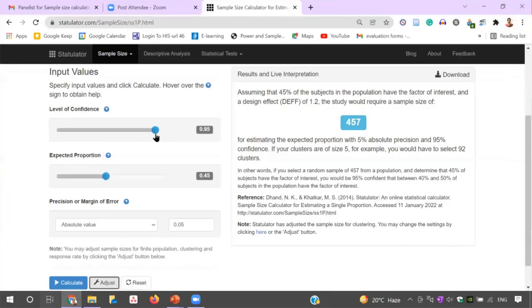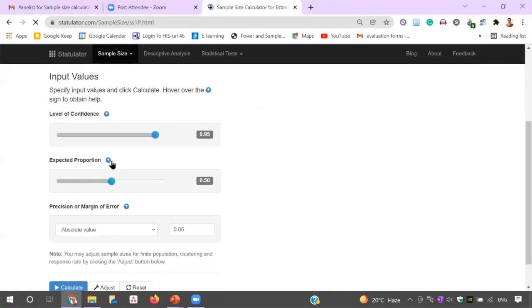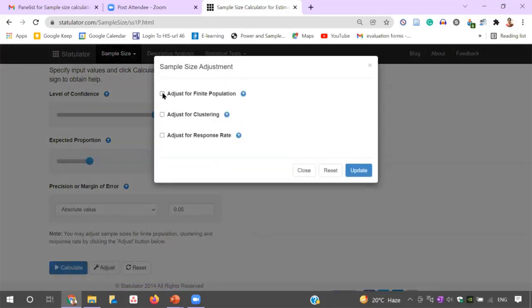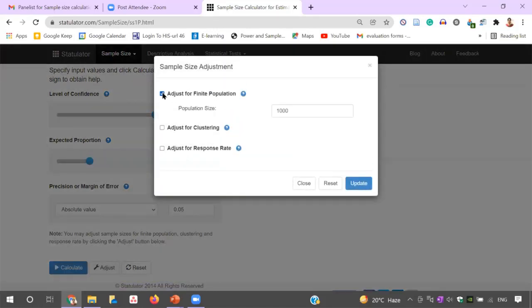So level of confidence is 95. This is 30%, so I've reduced this to 30. Then the margin of error is 5%. It is absolute, so I have just kept it like this. In adjustment, I have to adjust it for the finite population. So the finite population correction is 50,000.